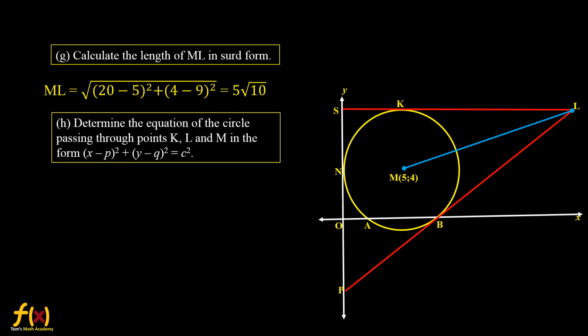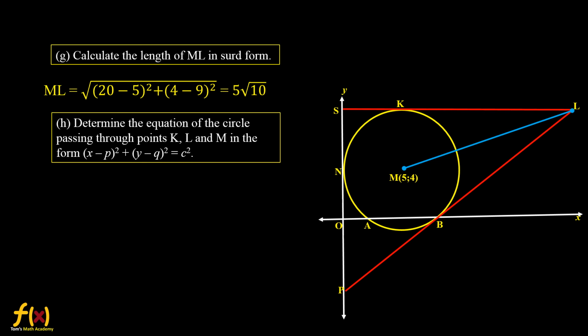Lastly, question H. Determine the equation of the circle passing through points K, L, and M. Very good question. We don't have the center of the circle.